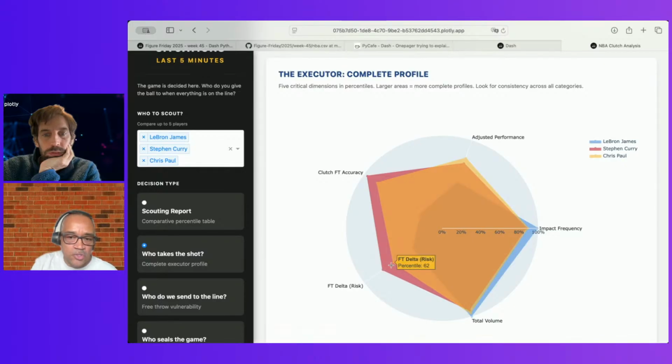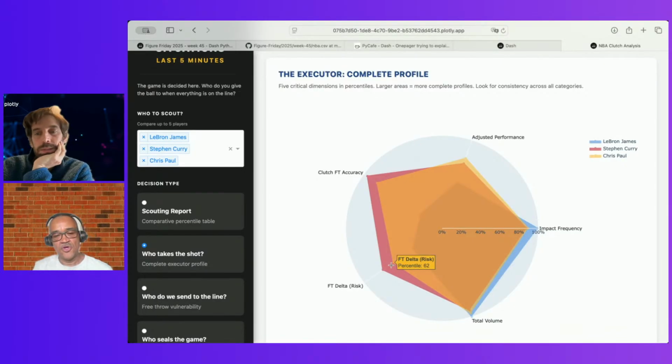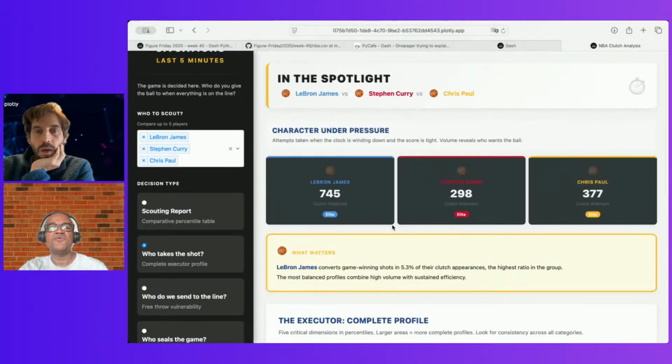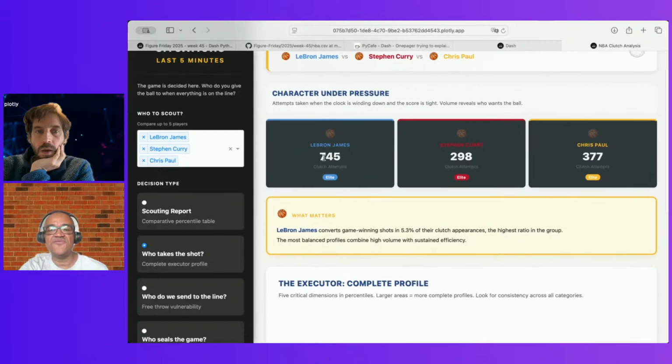They handle the ball, they manage the game in one way or another, and they distribute the ball. Then here there is a card above: LeBron converts the game-winning shot in 5.3% of clutch appearances, the highest ratio in the group. Among these three, he has the highest rate.